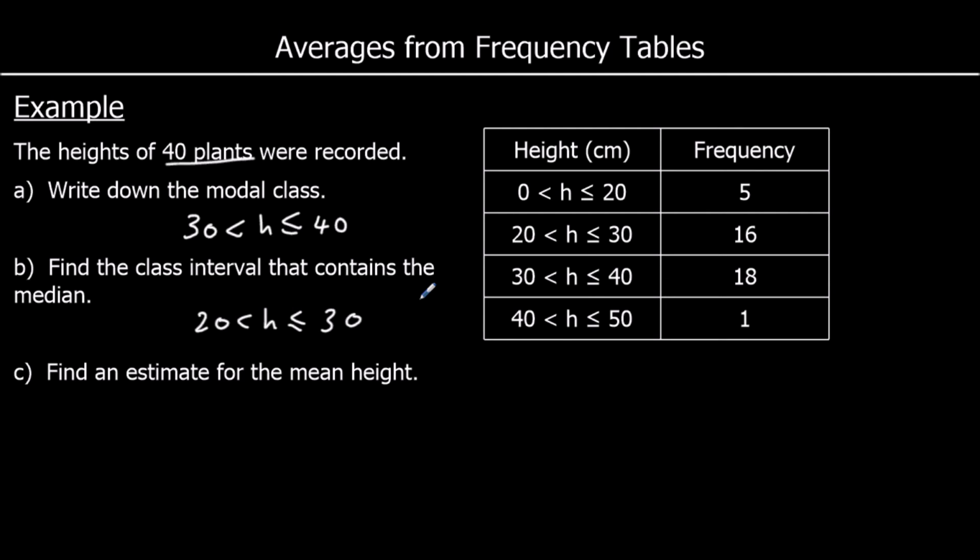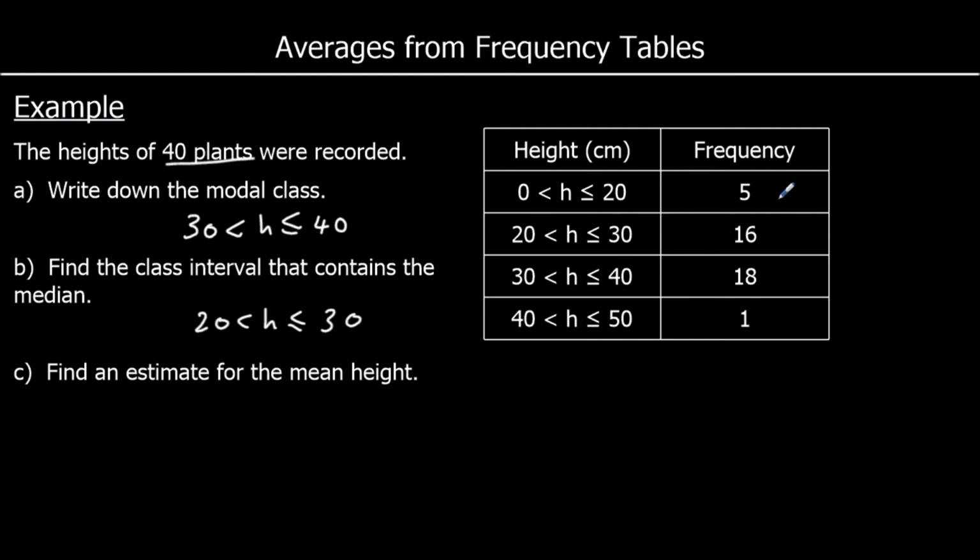And an estimate for the mean height. The reason this is an estimate is because we don't know the actual heights of the plants. We have to guess. We have to use an approximation. And we do this by using the midpoint.